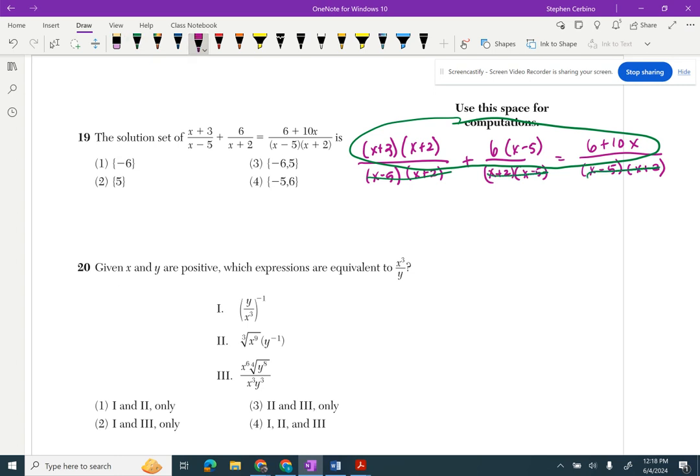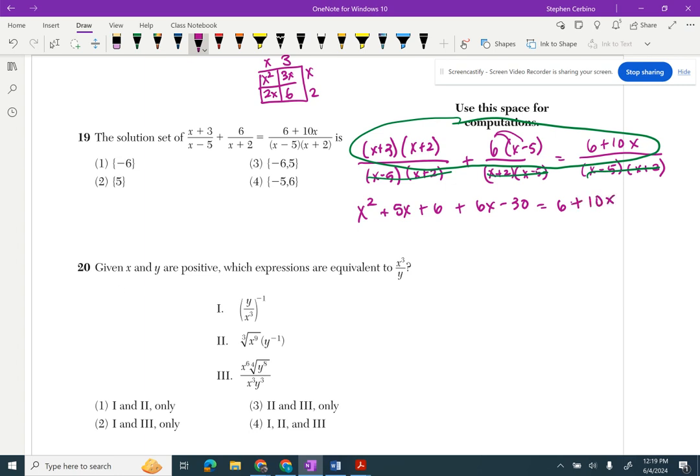So if we do some quick multiplying here, x plus 3 times x plus 2. So we have x squared, 3x, 2x, and 6. So we wind up getting x squared plus 5x, 2 and 3 add up to 5, plus 6, plus I can distribute 6x minus 30 is equal to 6 plus 10x.